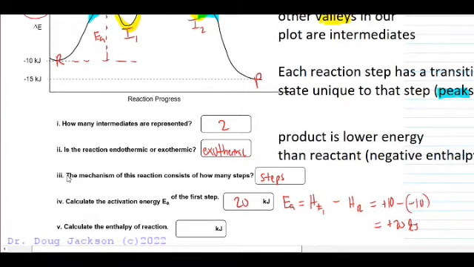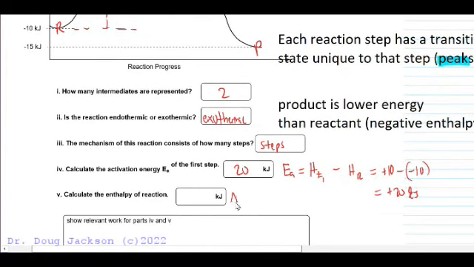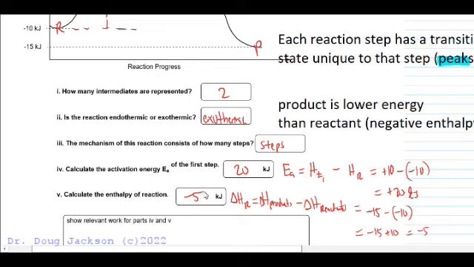What's the enthalpy of reaction? Well, delta H of the reaction equals the enthalpy of the products minus the enthalpy of the reactants. What we end up with is negative 15 minus negative 10, so negative 15 plus 10, or negative 5 kilojoules overall.